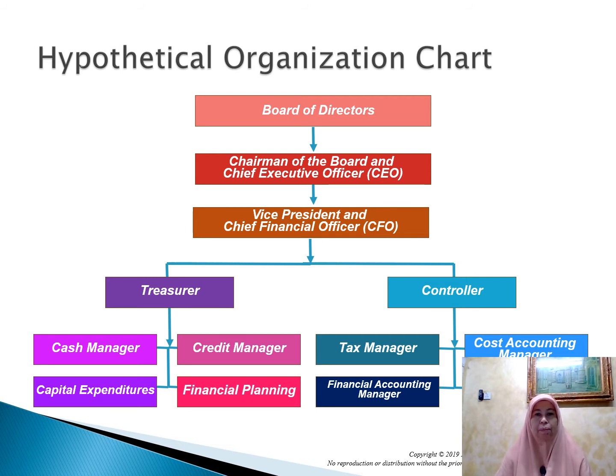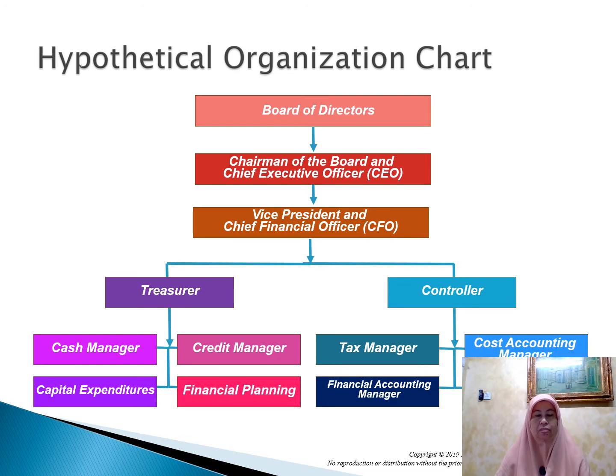So the company is run by the board of directors or the board members, and the board of directors will appoint the chairman of the board and the CEO, chief executive officer, to oversee and monitor the business operation. And this chairman or CEO will be assisted by the management team.